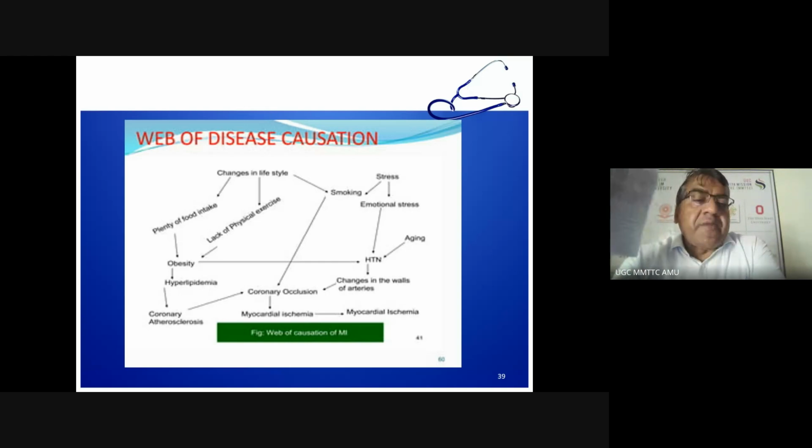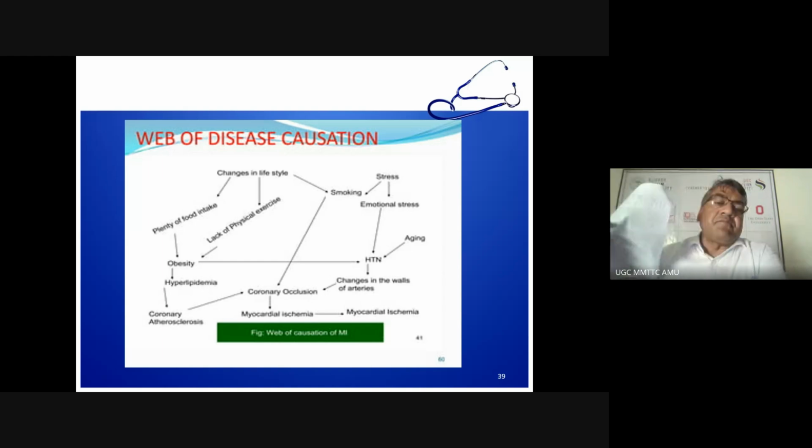Obesity gives rise to hyperlipidemia, bad cholesterol, and this bad cholesterol gives rise to coronary atherosclerosis. This coronary artery disease affects the coronary circulation, which is the circulation of the heart.